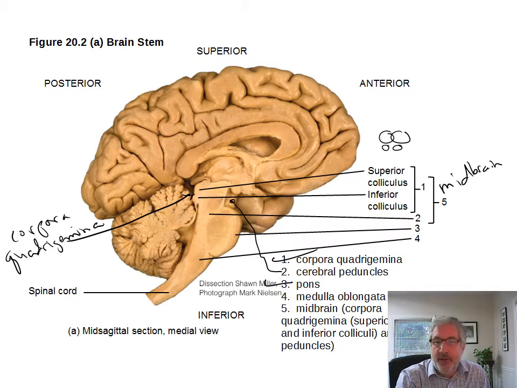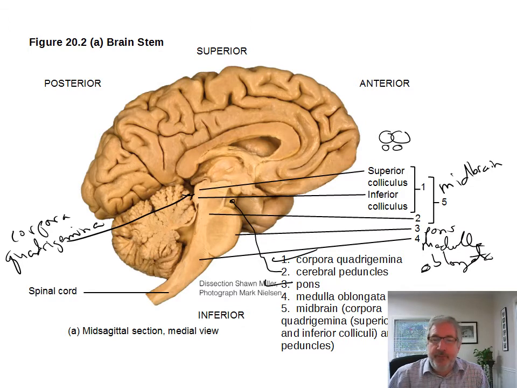That's number 3, and number 4 is the medulla oblongata down there. So the pons is here, and the medulla is here, going down to here, and this would be the foramen magnum there.